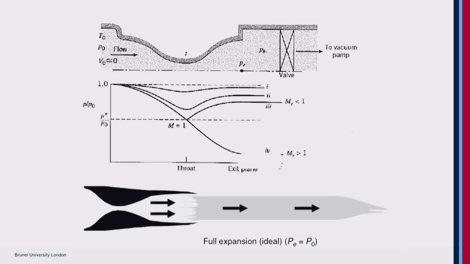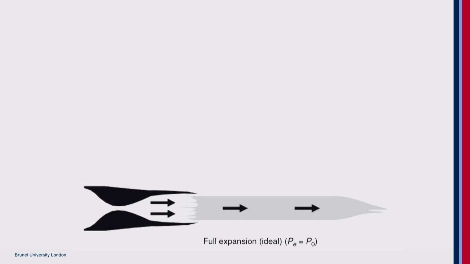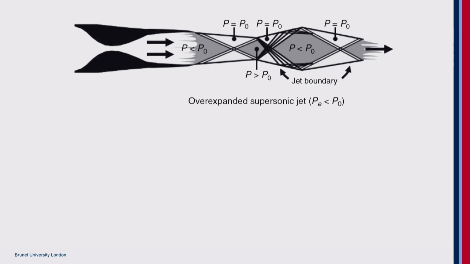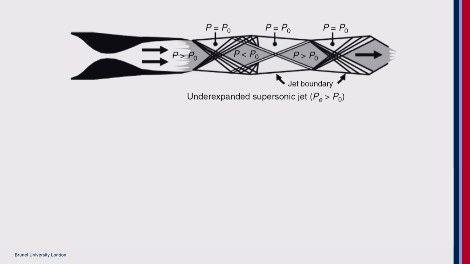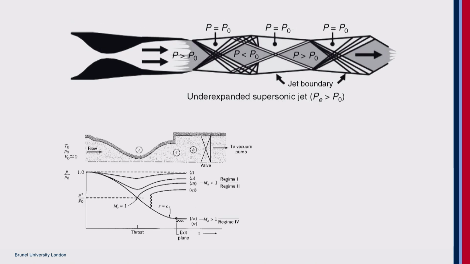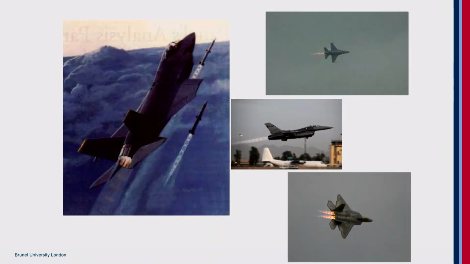This is the perfectly expanded situation. When it is overexpanded, this is the regime you're looking at, and this is the underexpanded regime.